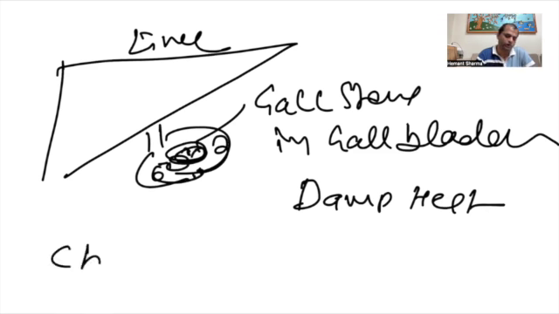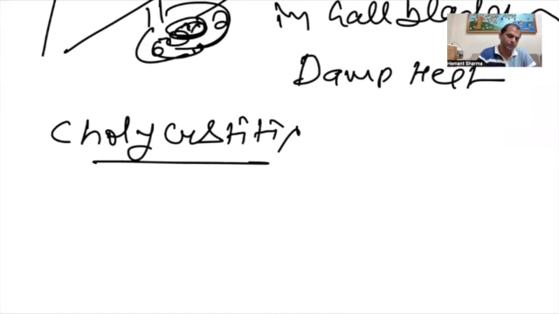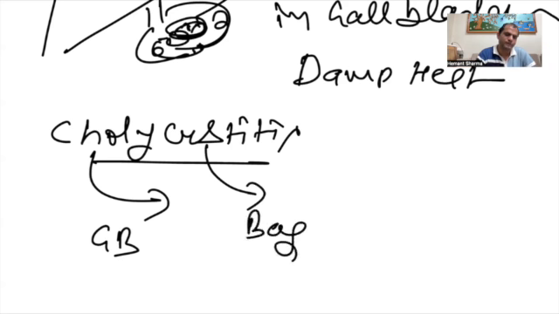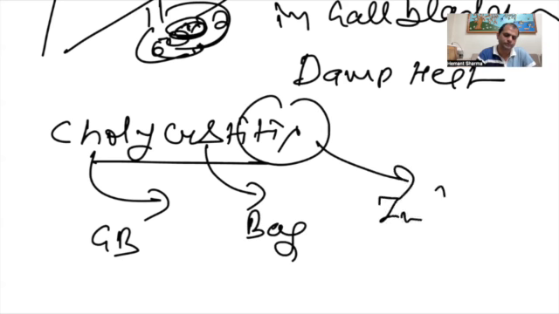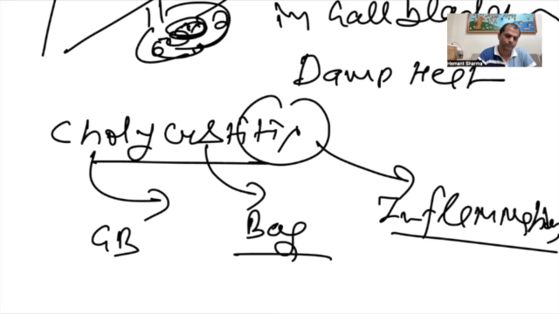So this is called cholecystitis. Cholecystitis. The meaning of chole means gallbladder, cyst means bag, itis means inflammation. The inflammation of the bag of gallbladder or of the wall of gallbladder. So this is called damp heat.